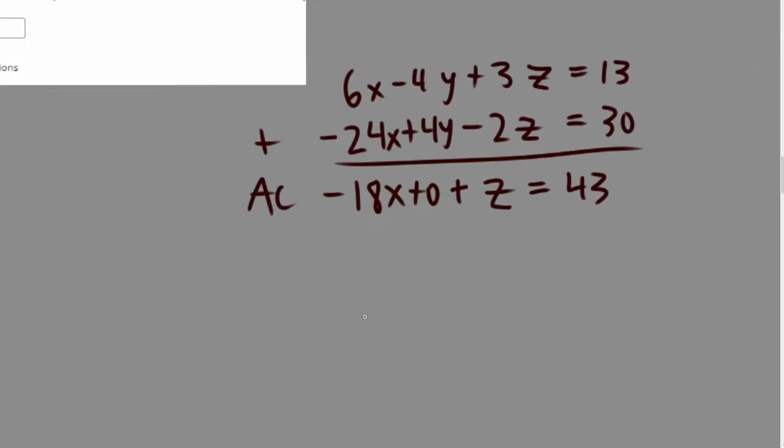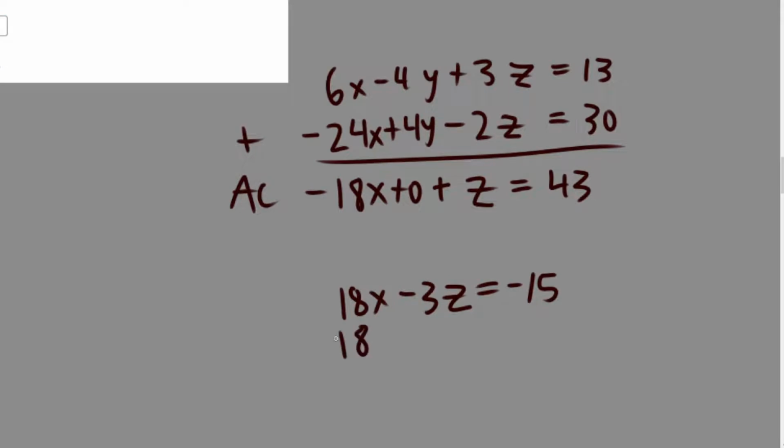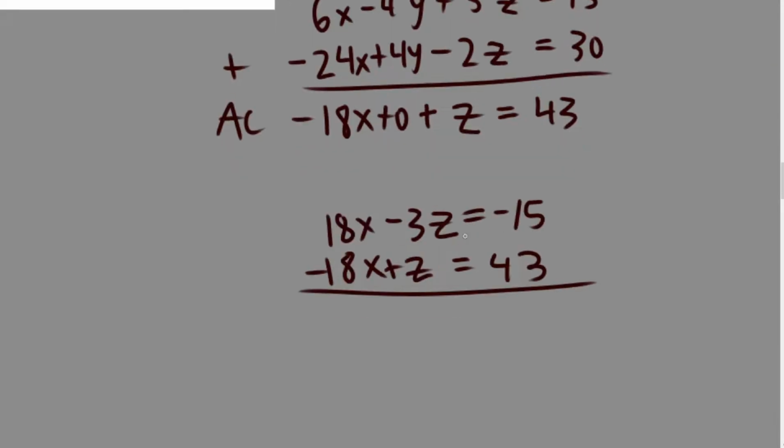We can take these two and compare them. So we have 18x minus 3z equals negative 15. And we have negative 18x plus z equals 43. And this one is really nice because we actually don't need to modify our x's at all. We can just get rid of our x's to find our z's.